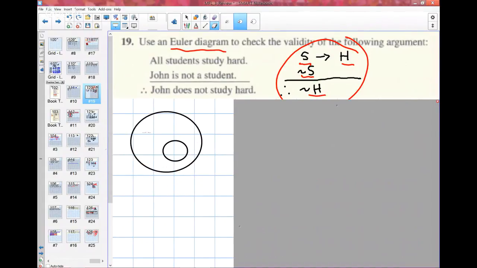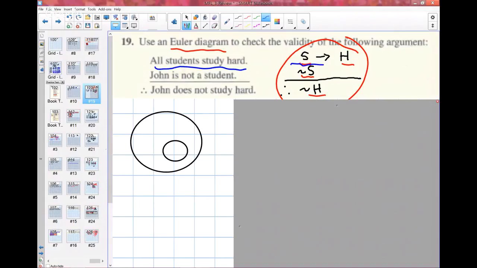Okay, you're supposed to use an Euler diagram to find the validity of this argument. So, Michelle, and anybody watching, the first thing we want to do is translate these sentences up at the top into logic statements. All students study hard. So in other words, if you're a student, then you study hard.